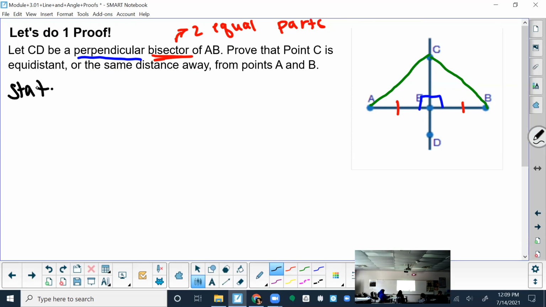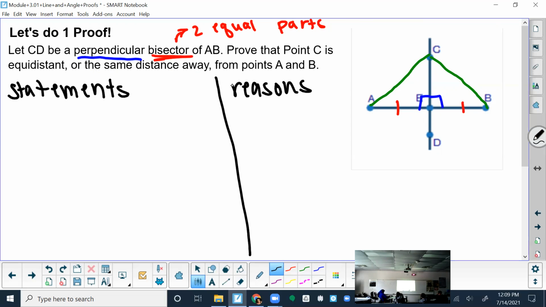So we will create a 2-column proof. That means we're going to have statements on one side and reasons or justifications on the other side. First, we usually start with what we are given.